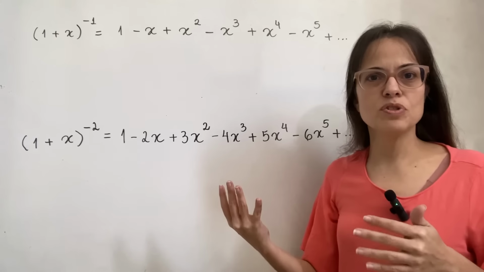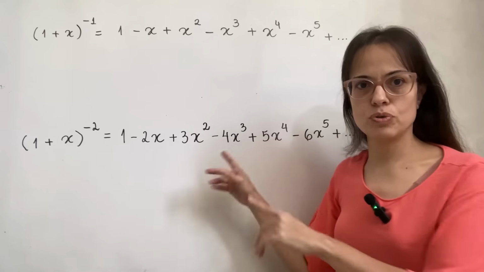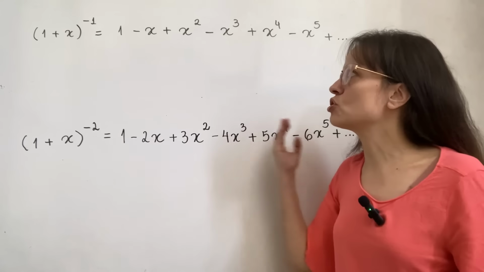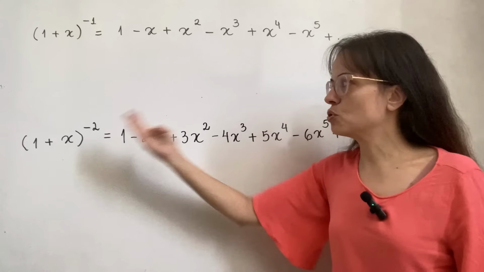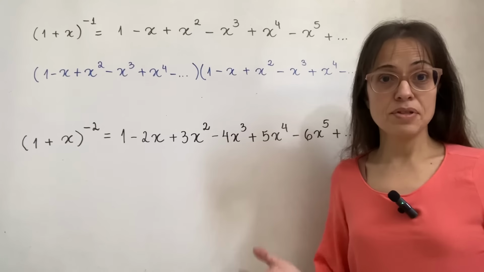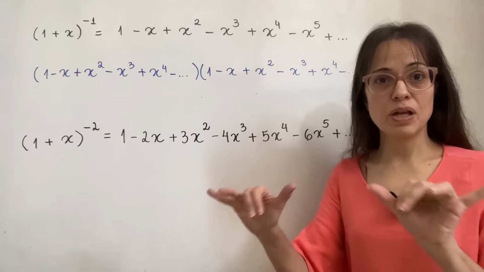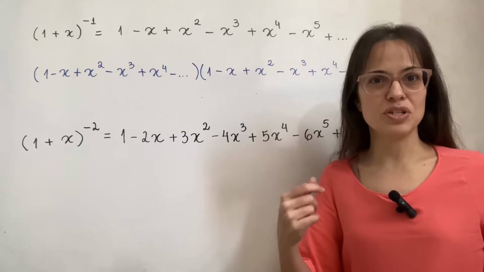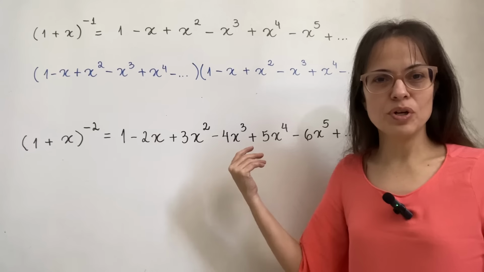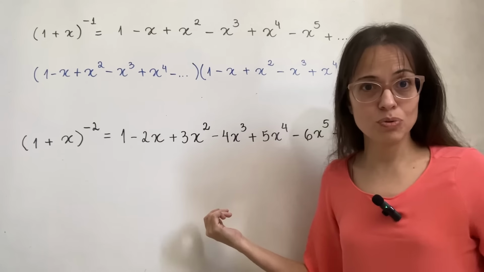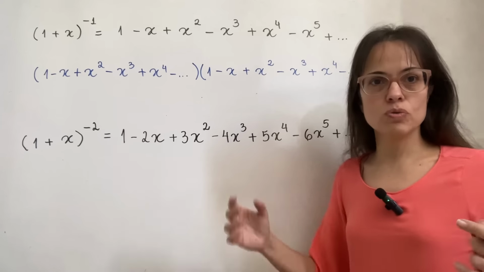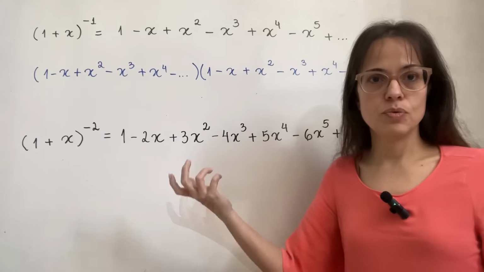If you didn't want to do derivatives, another thing that you could do to check this one from that one is just to multiply that one by itself, because that squared is supposed to be equal to this. You may think that there is a problem with multiplying two things, each of which is infinite, but that's why when we are working with this kind of infinite polynomials, so to speak, we don't start from the biggest degree of the terms.